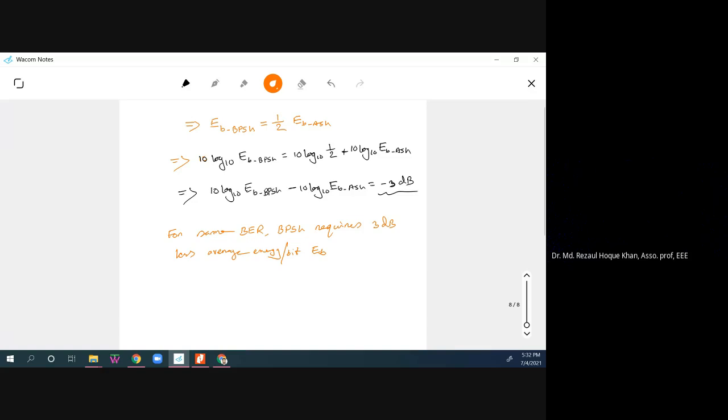Great. This is our conclusion when we compare them. We can conclude that BPSK provides better performance than ASK.